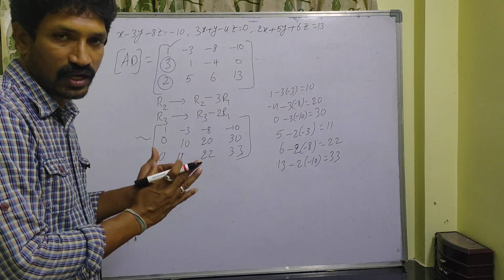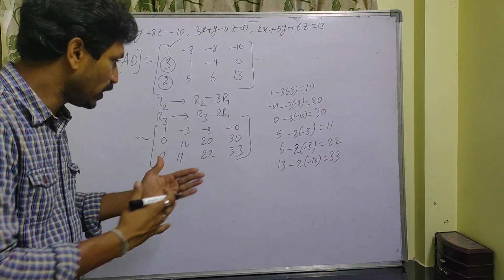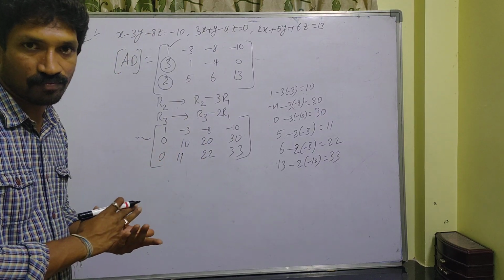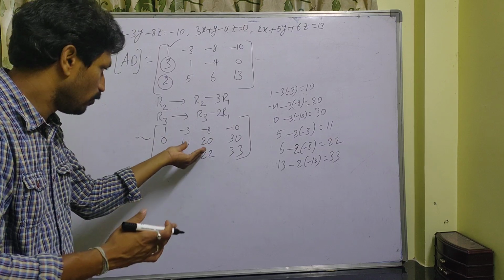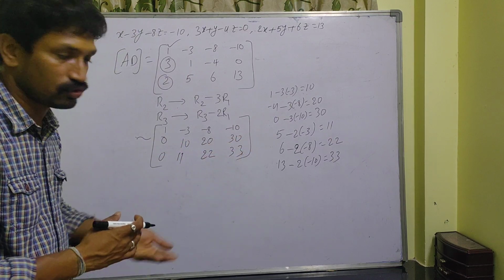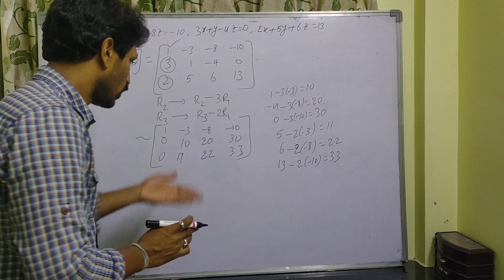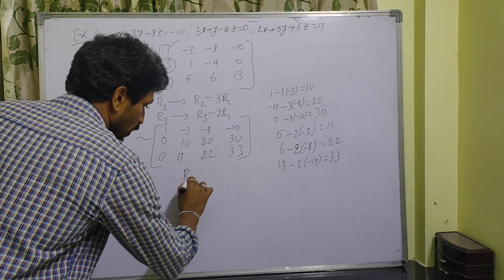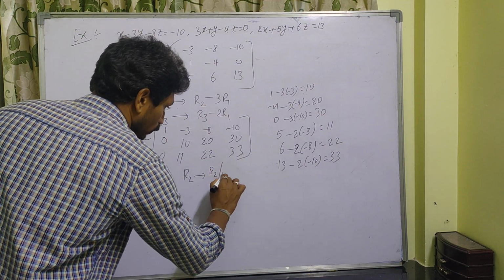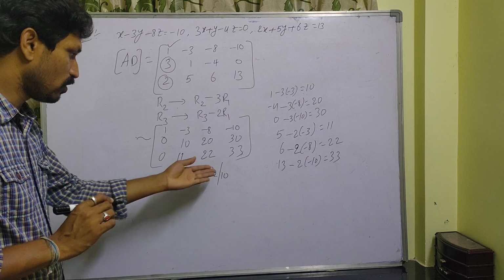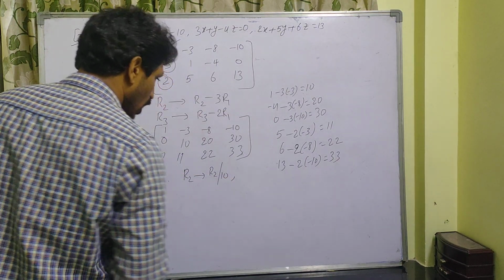It is not a necessary step, but during simplification it is very useful to you. Otherwise these entries are very big numbers, so multiplication will be tough. So whenever you have a common factor, just divide by that number. So the second row is going to change as R2 by 10, that is, you are multiplying with 1 by 10, or dividing with 10.